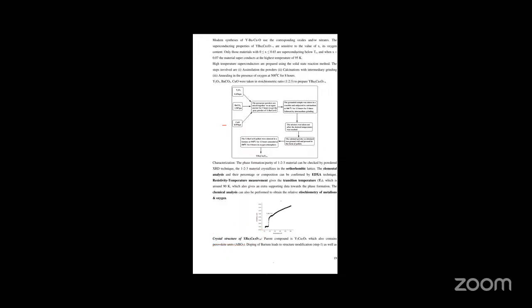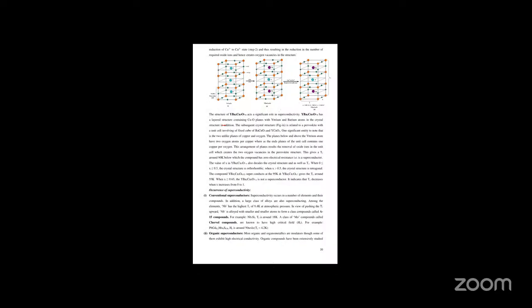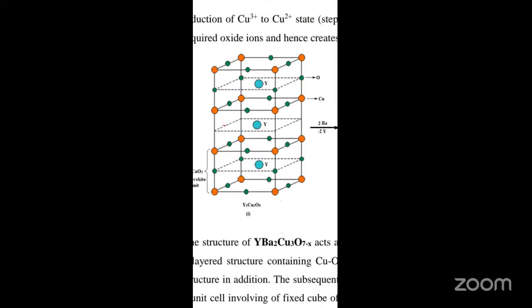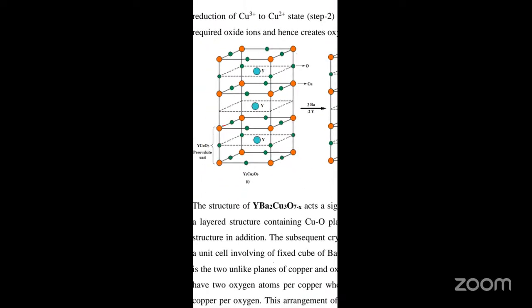We have to consider 3 perovskite structures and assemble them, connecting all three, and remove some amount of oxygens, which gives the crystal structure of YBa2Cu3O7-x. Okay, right. Let us see the crystal structure. Just here we have to observe.